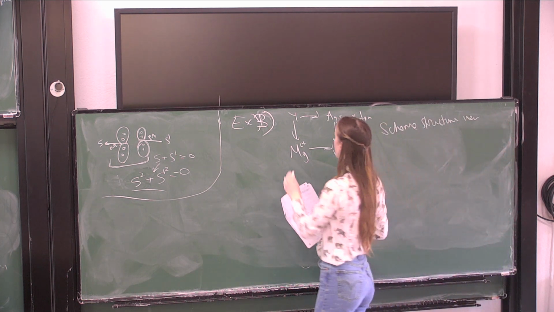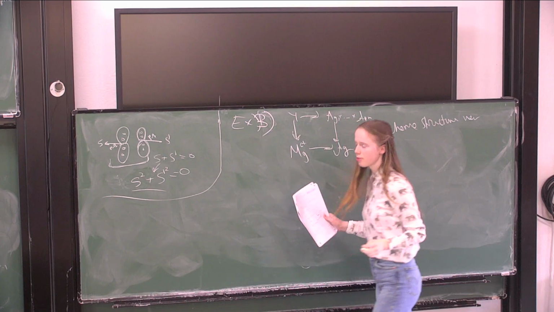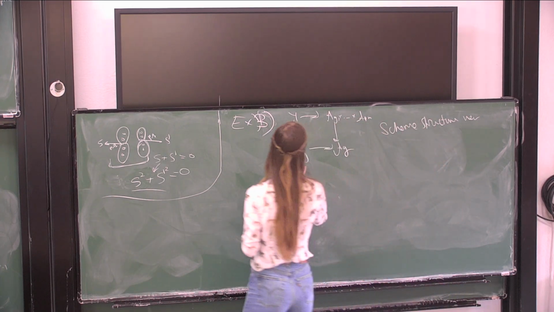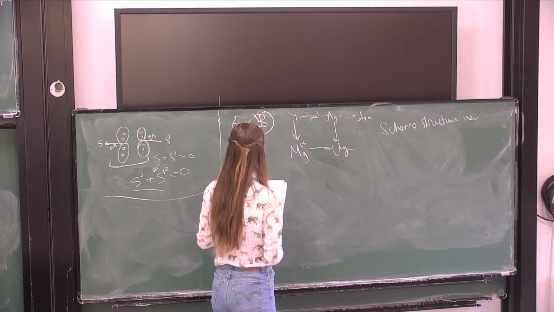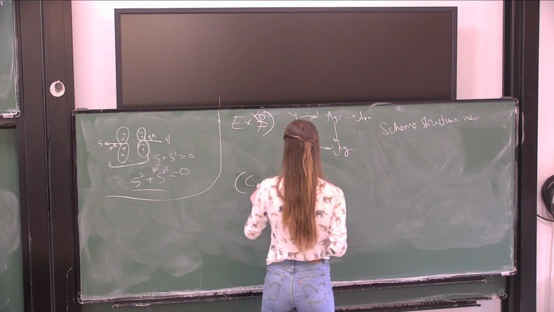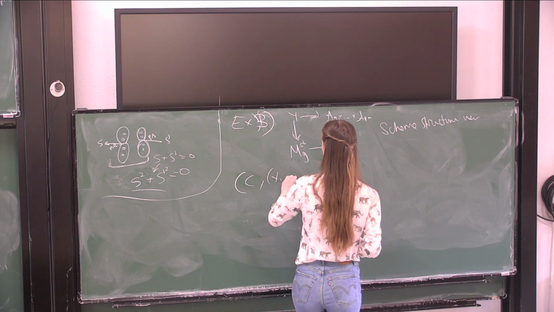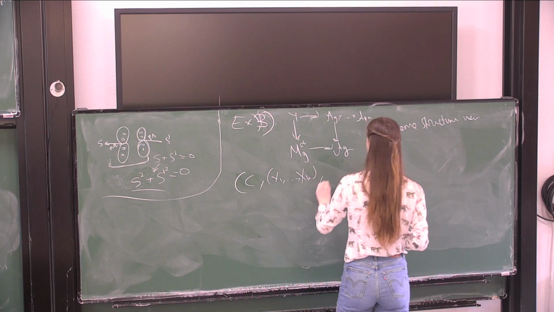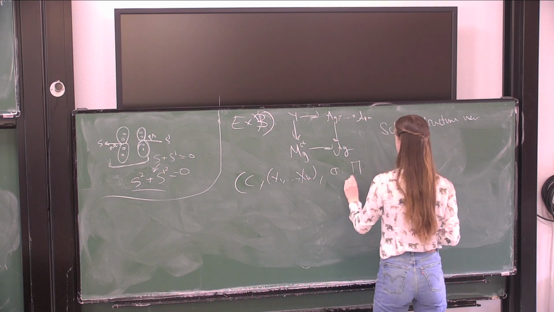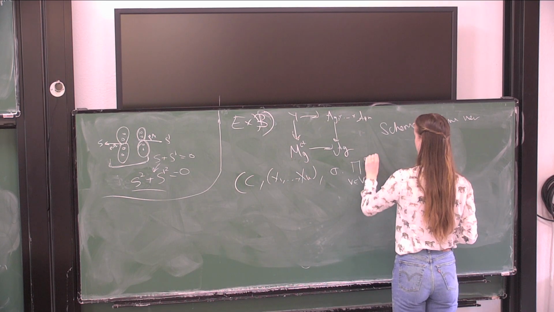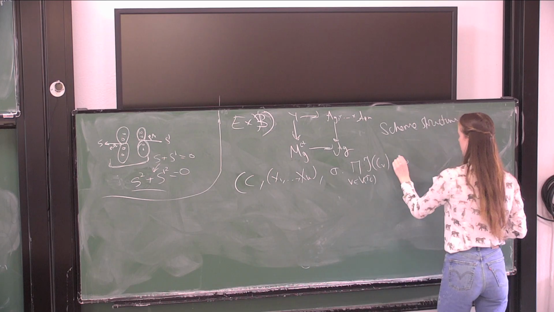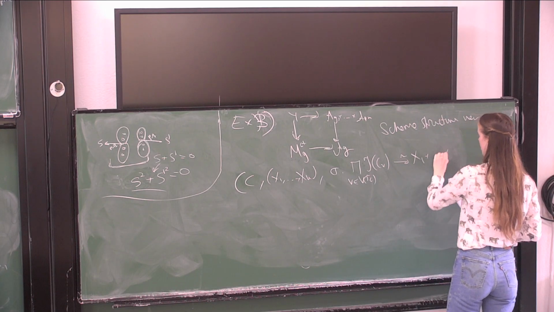Since we're considering a fiber product of stacks, we have to pick a point here and a point here and a choice of isomorphisms of their images in A_g. So a point will correspond to a triple of a curve and a tuple of k abelian varieties and a choice of isomorphism between the product of Jacobians of the irreducible components of the curve and the product of these abelian varieties.